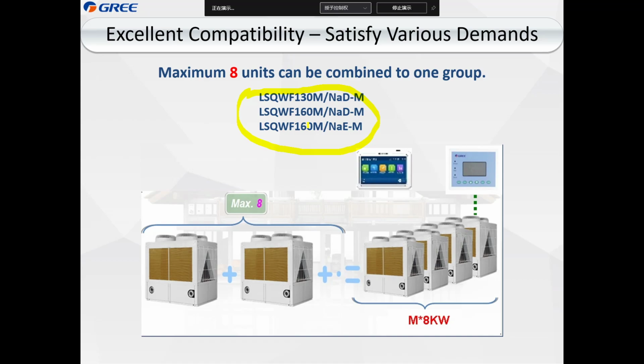Under this condition, you just calculate the quantity of compressors, okay. Okay, this one is the modular excellent compatibility. Not only can the same module combine, but different modules can also combine in one modular system.